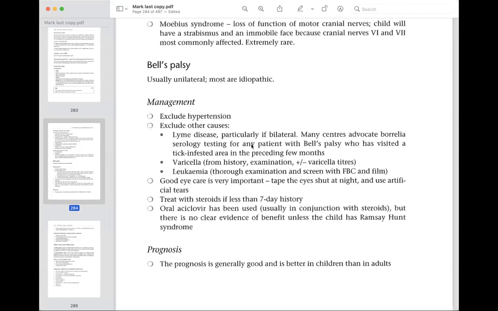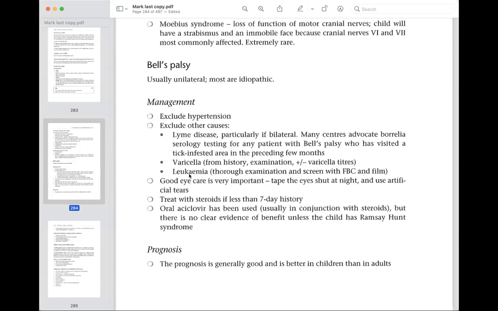If there is a history that they visited a tick-infested area, you will suspect Lyme's disease, but usually it will be bilateral. Another thing you have to rule out is varicella, from history, examination, and varicella titers.